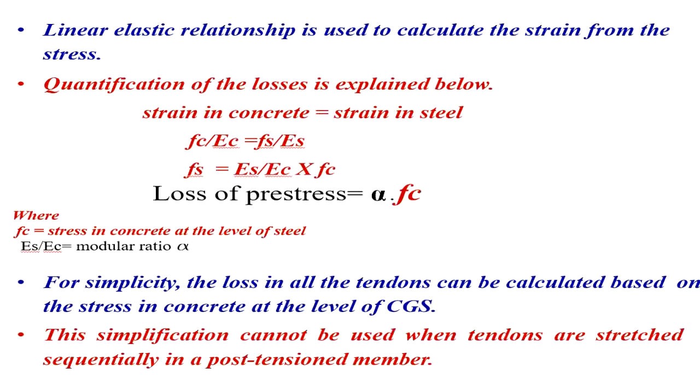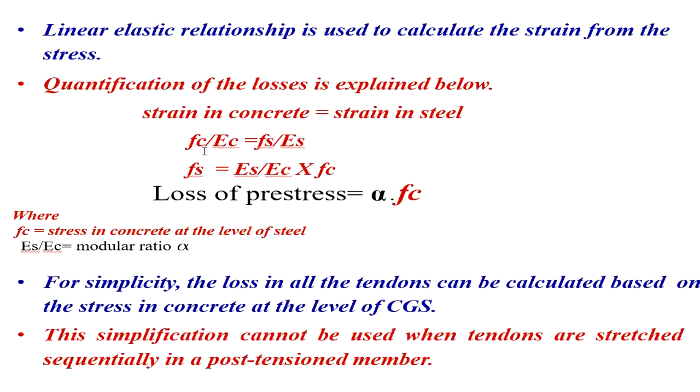In a pre-stressed concrete member, whenever the pre-compressive force is applied at the ends, that member gets deformed. With that, the steel also gets deformed. Then the strain in concrete will be equal to the strain in steel. Strain means stress divided by Young's modulus.